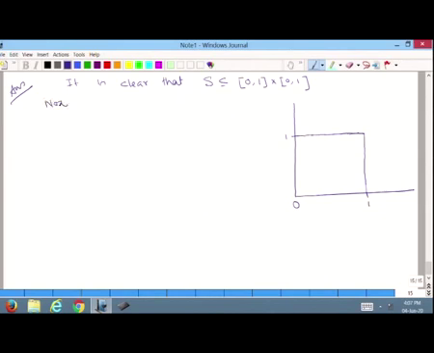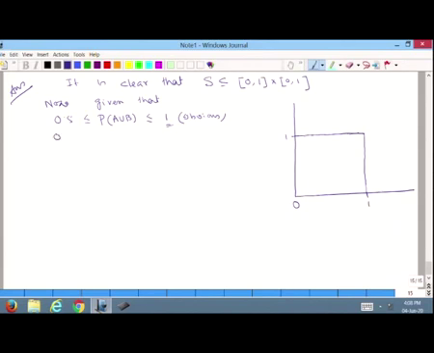Now, given that 0.5 is less than or equal to probability of A union B, less than or equal to 1, because this is obvious. All probabilities are less than or equal to 1.